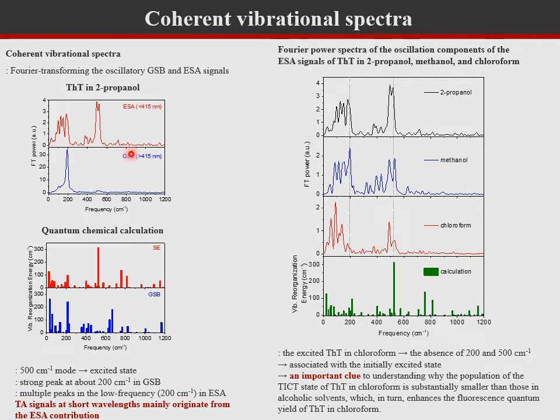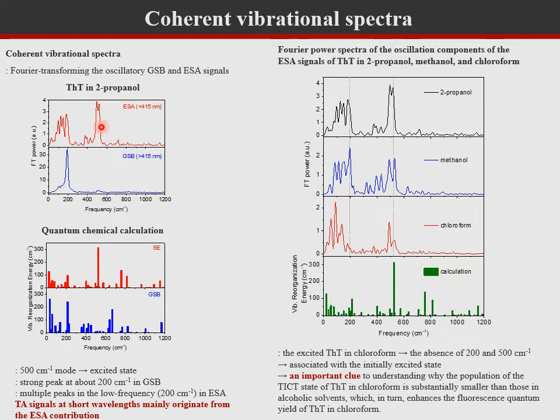These experimental results are compared with quantum calculations. It is the 500 wavenumber mode that is the characteristic vibration associated with the excited state. Although a notably strong peak at about 200 wavenumbers appeared in the coherent vibration spectrum of GSB, multiple peaks in the low frequency region below 200 wavenumbers and strongly vibronically coupled modes in the high frequency region around 500 wavenumbers are observed in the coherent vibration spectrum of ESA.